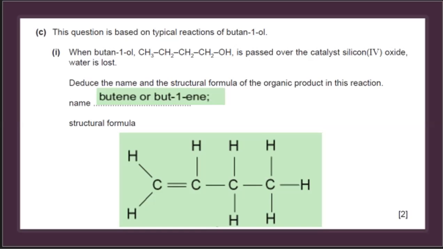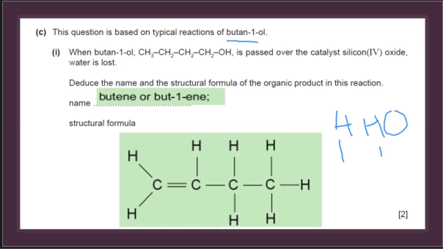So if we have an alcohol and water is lost, then that is telling us simply that we would be getting back the alkene. If we have an alcohol and water is lost, it means we are getting back the alkene. How so? Water is H2O.